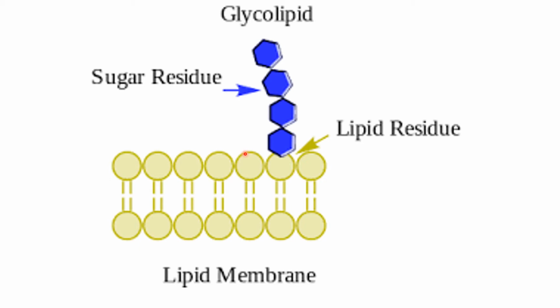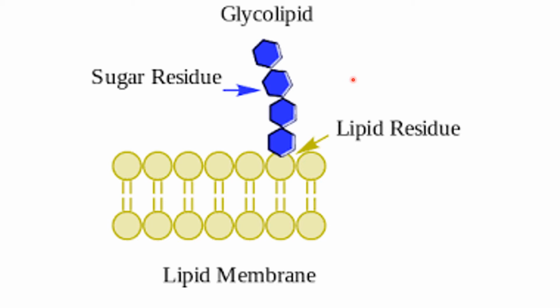When we say cerebrosides or gangliosides, then carbohydrates are attached to this sphingosine along with the fatty acid. These carbohydrates can be in the form of monomeric residues, or they may be in the form of oligosaccharides. So this is simply the structure of a glycolipid. So cerebrosides and gangliosides are glycolipids.